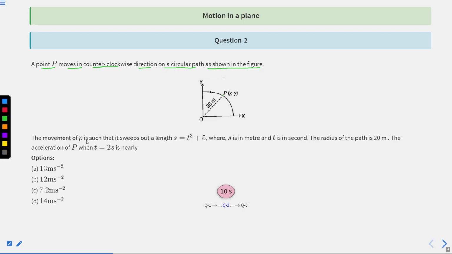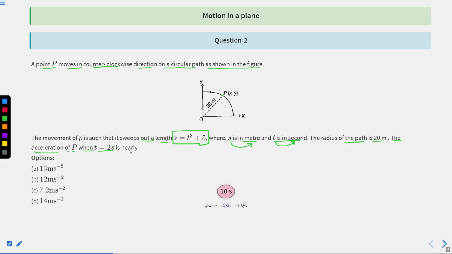The movement of P is such that it sweeps out a length s equal to t cubed plus 5, where s is in meter and t in second. The radius of the path is 20 meter. The acceleration of point P when t equals 2 seconds is nearly what?